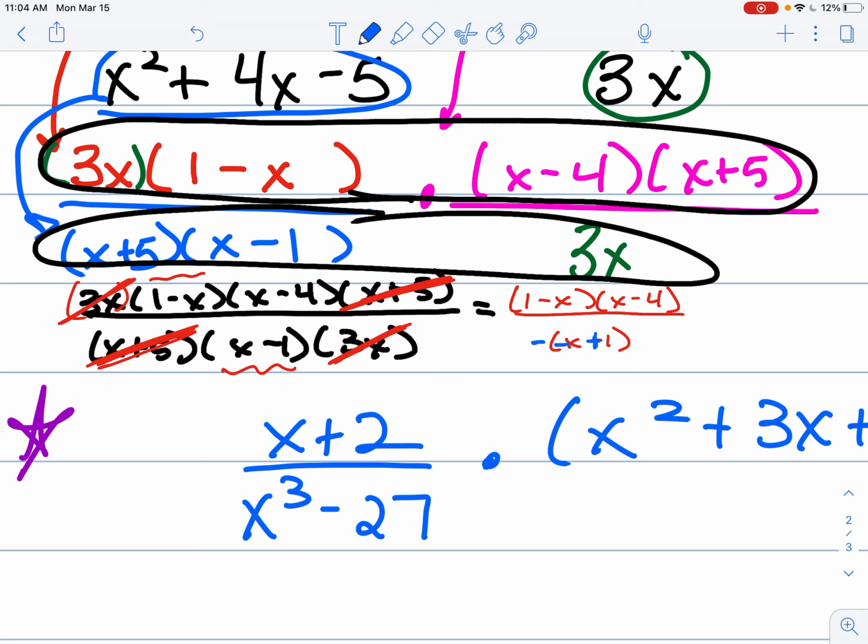If I pulled out a negative 1, it would give me negative x plus 1, which is what I see here, a negative x and a plus 1. So now this will cancel here. And I'm left with x minus 4 all over negative 1, which if I were to simplify that, x over negative 1 is negative x, and negative 4 over negative 1 is positive 4.